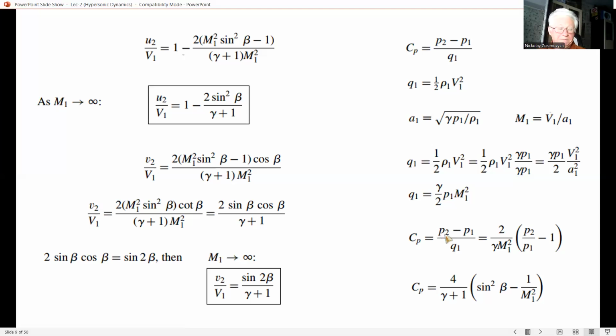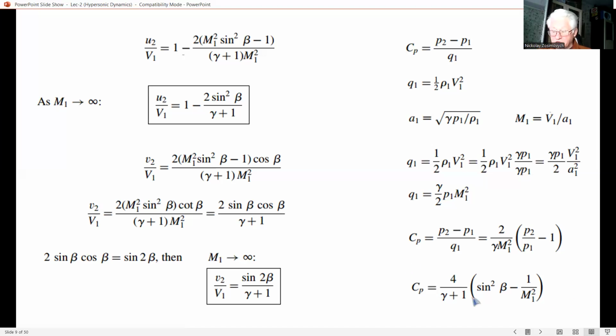It equals P2 minus P1 over q1. And we can rewrite this as 2 over gamma M1 squared times the component in parentheses, P2 over P1 minus 1. Combining the last two equations, we obtain the exact relation for Cp behind the oblique shock wave as follows, and we can see this on the final expression here.